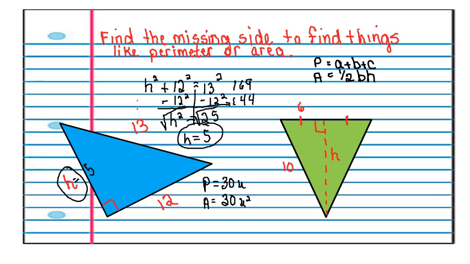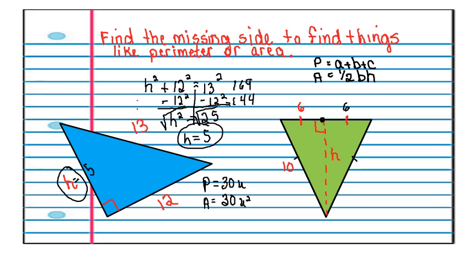Let's try the next one, where again we have an isosceles triangle, but if we draw a perpendicular bisector inside of it, then we have a midpoint here, so we know we've got a 6 on both sides.